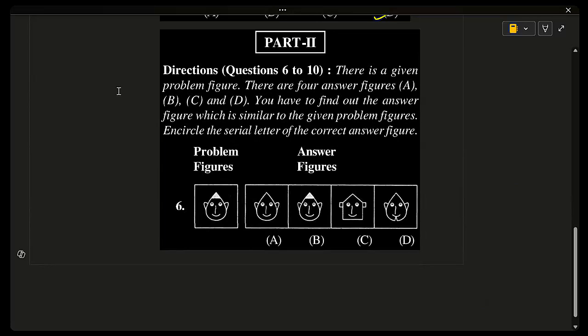There is a given problem figure. There are 4 answer figures A, B, C, D. You have to find out the answer figure which is similar to the given problem figure. Encircle the serial letter of the correct answer. So it is similarity. We have to find the one exactly similar. I can see the one exactly related to the question figure is option B. So this part is very simple. Just identify the option which is exactly the same as the question figure.